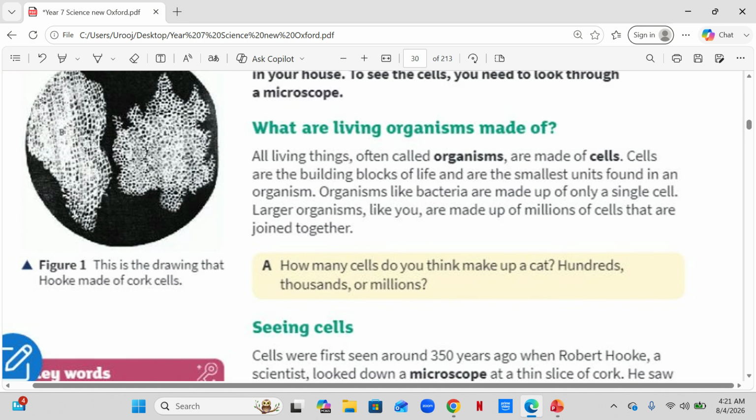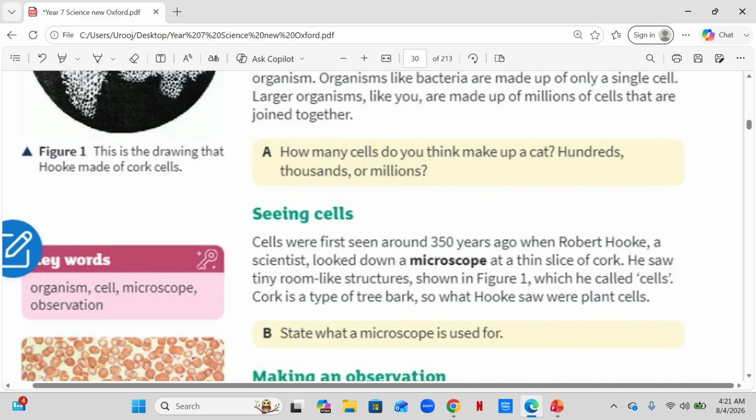Now you all must be wondering how the cells were discovered, right? Let me tell you. In 1665, there was a scientist named Robert Hooke. He was an English scientist who discovered cells through a thin slice of cork under a microscope.